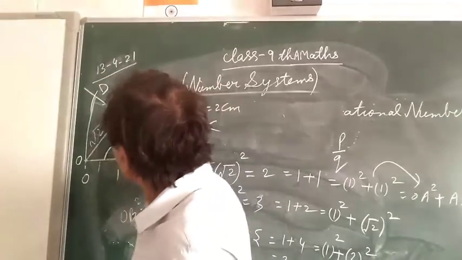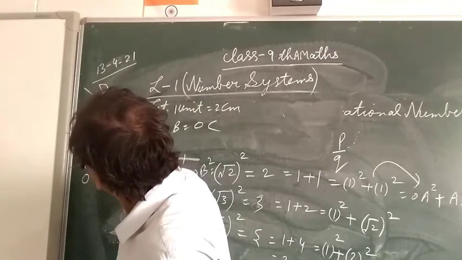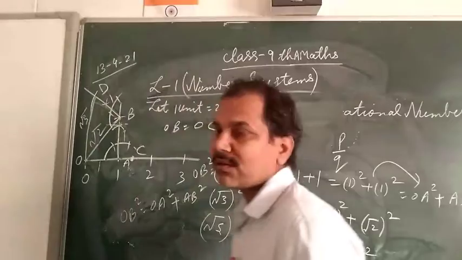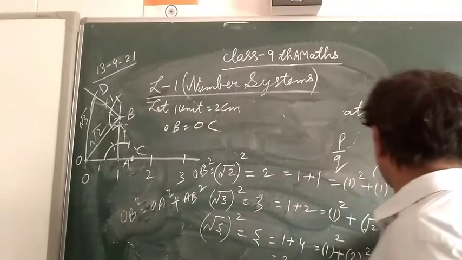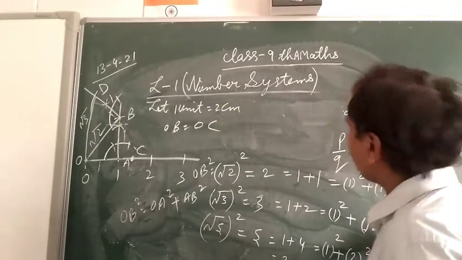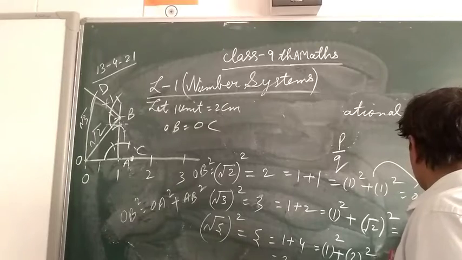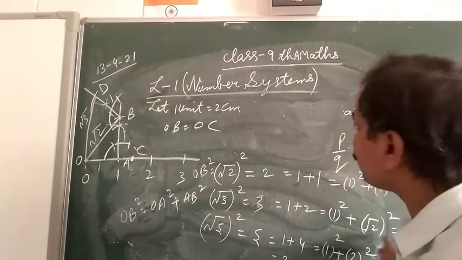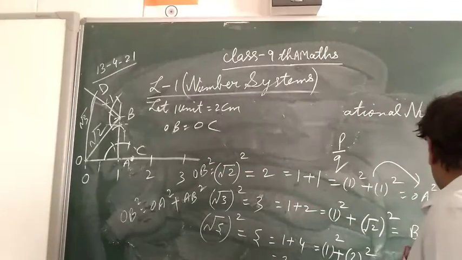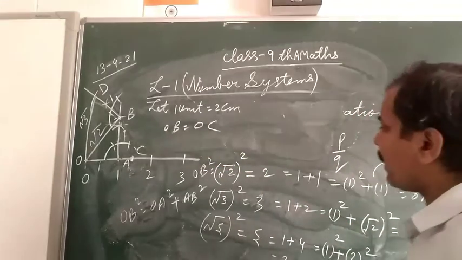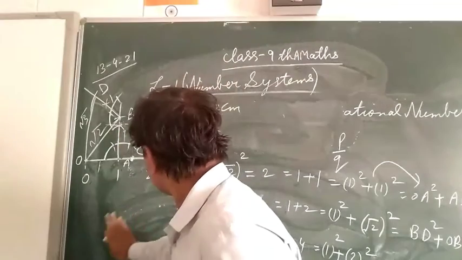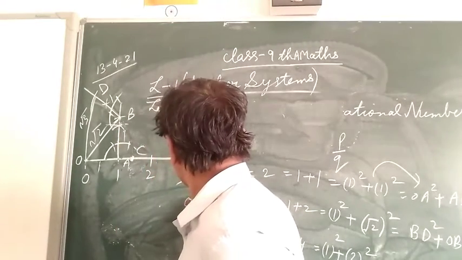So now you take this under root 2, so this will be under root. In place of this we can write 1 square, meaning BD square, plus under root 2 square, meaning OB square, and this under root 3 is OD square.